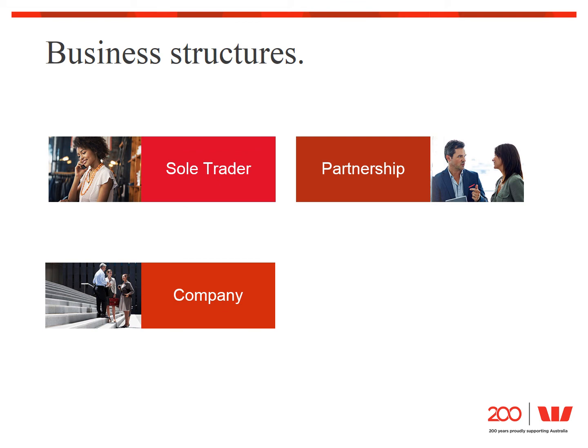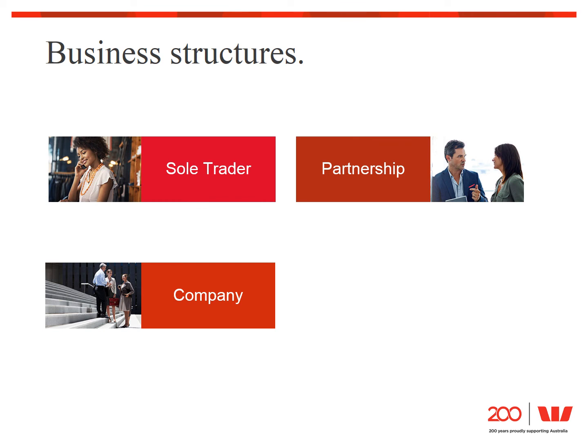The next structure to consider is a company. The advantage of establishing as a company is that there is limited liability for company owners. The company is its own legal entity and as such can trade and borrow as itself and is liable for its own debts. Responsibility is split between the owners, known as shareholders, and the decision makers, known as the directors.